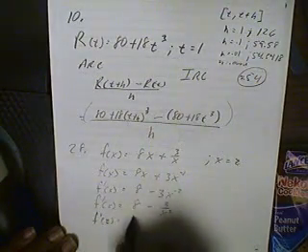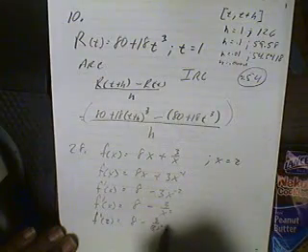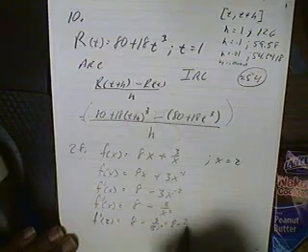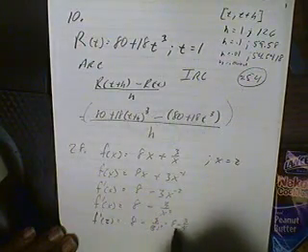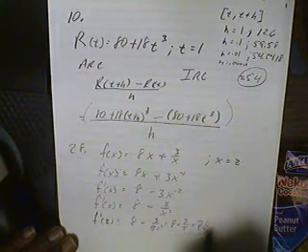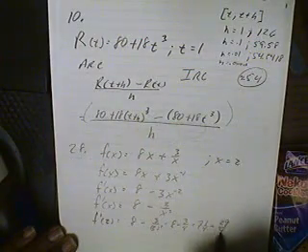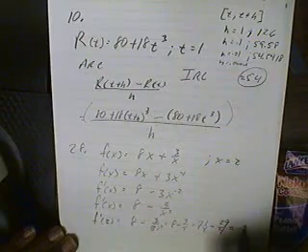So we put 2 in here, we get 8 minus 3 all over 2 to the second power, and that'll be 8 minus 3 over 4. Taking 3/4 from 8, we'll be left with 7 1/4, or we can say this is 29 over 4. So that's our slope.